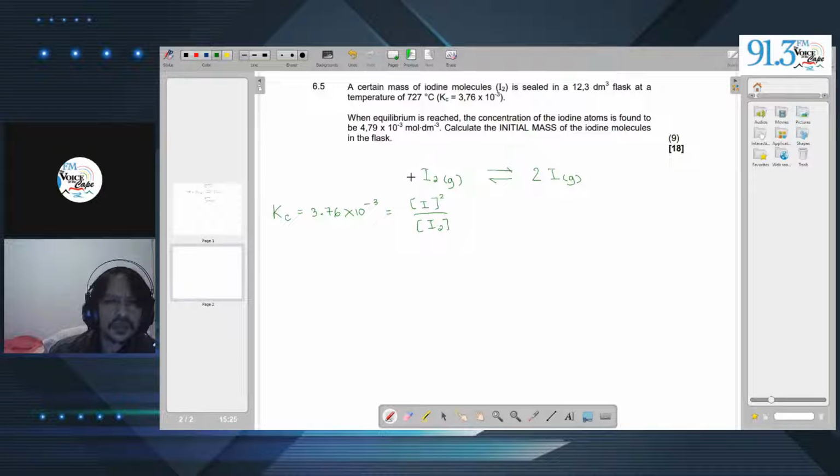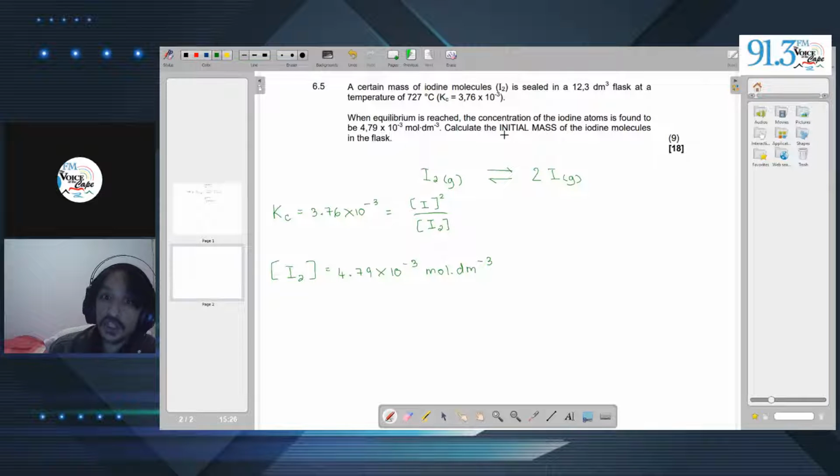They tell us when equilibrium is reached, the concentration of the iodine atoms is found to be, okay, so we can put this here: concentration of iodine atoms is found to be 4.79 times 10 to the minus 3 mole per dm cubed.